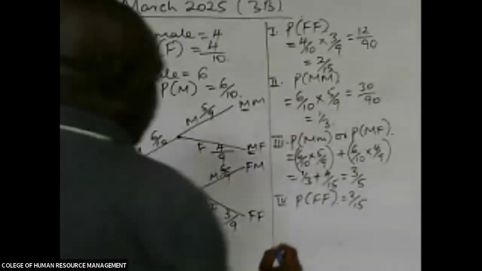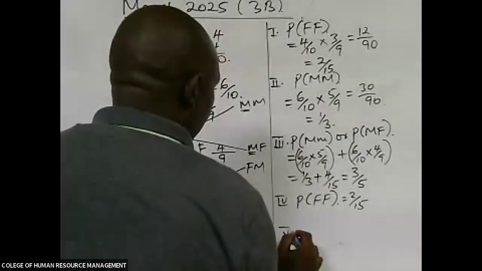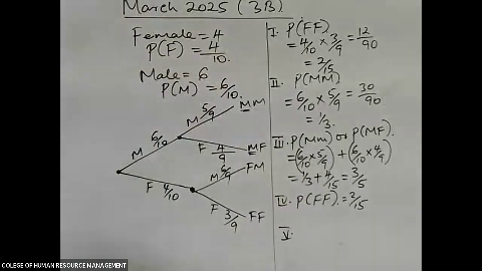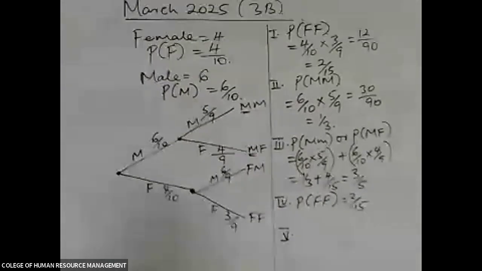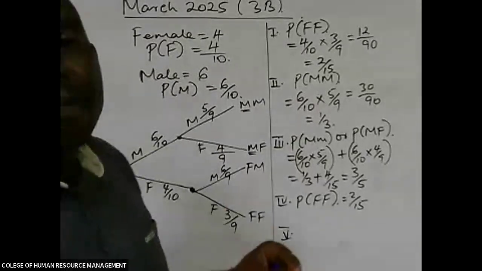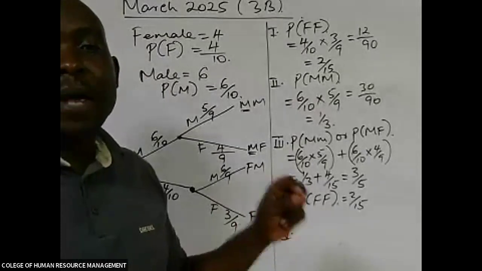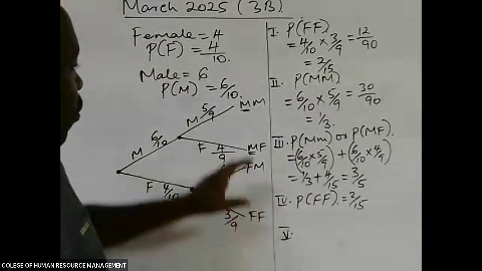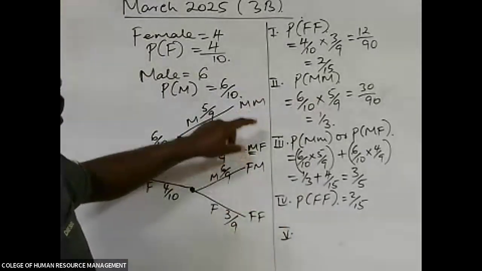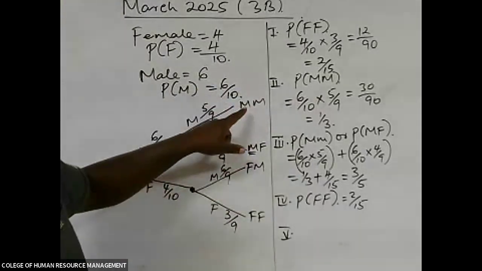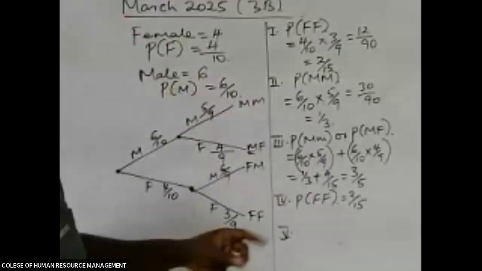Lastly, Roman 5. At least one of the employees selected will be male. The words "at least one" mean a minimum of one. Either we have one male or two males. In this case, when you have a tree diagram, you only go to where you have got M. Male, male: at least there is one male there.